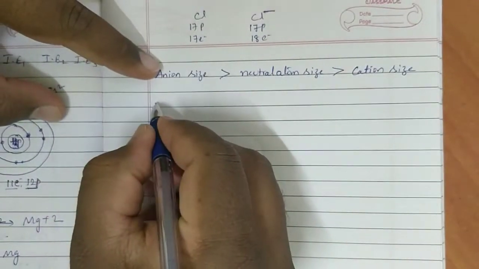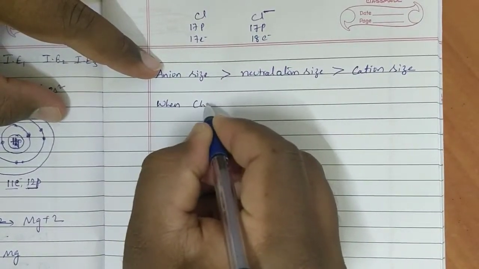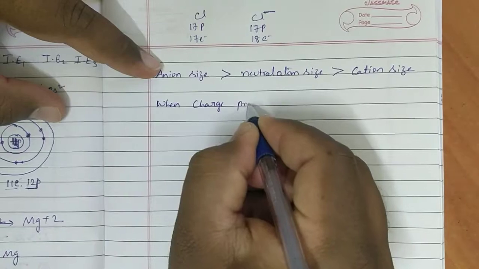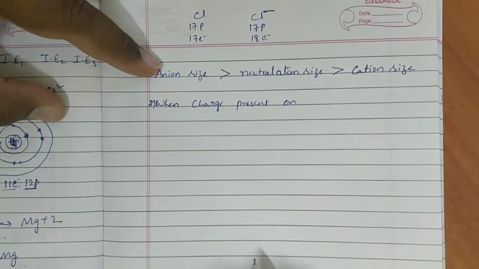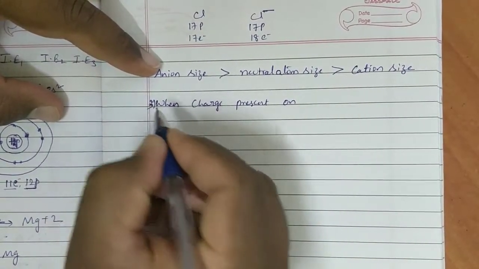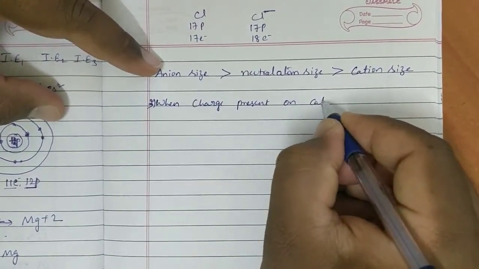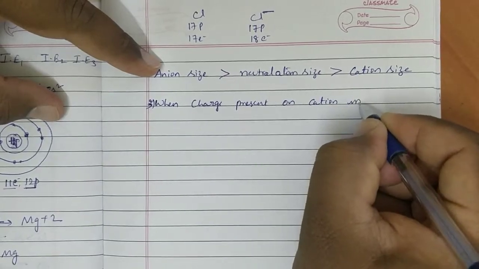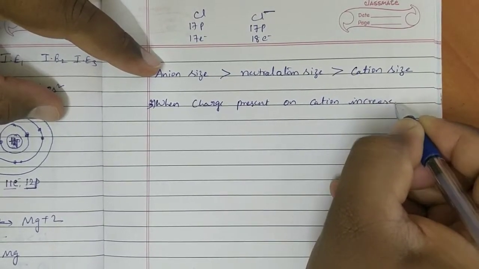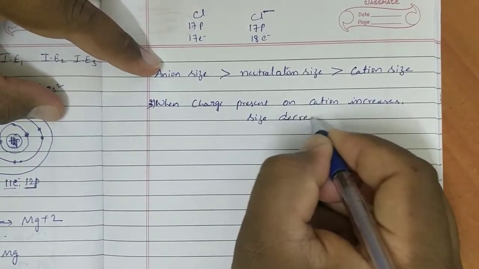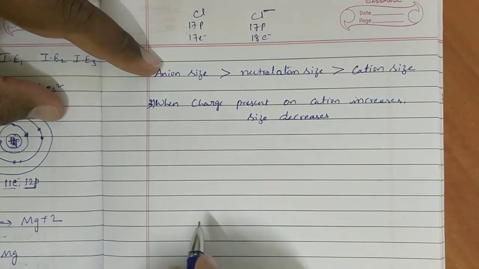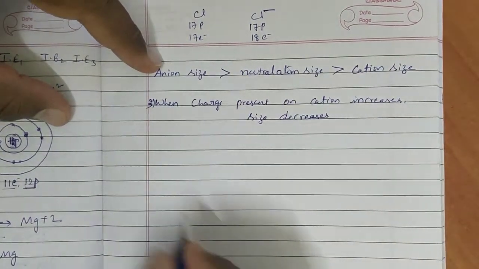Okay, next. This is the third one: when the charge present on the cation increases, size decreases. Attraction power increases and size decreases.